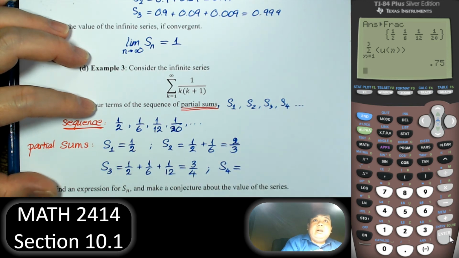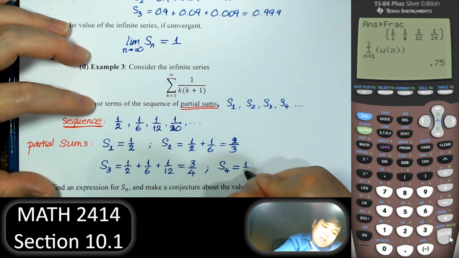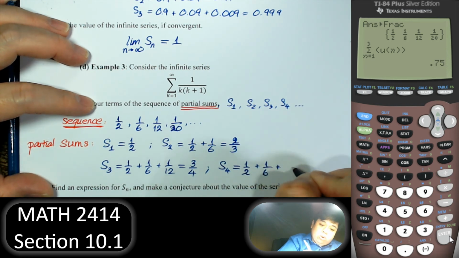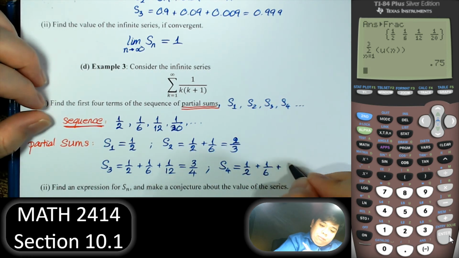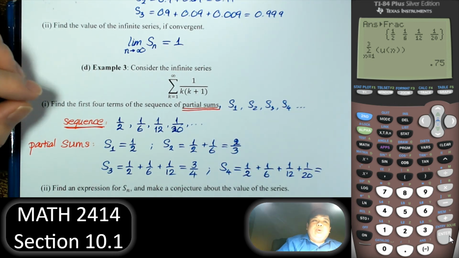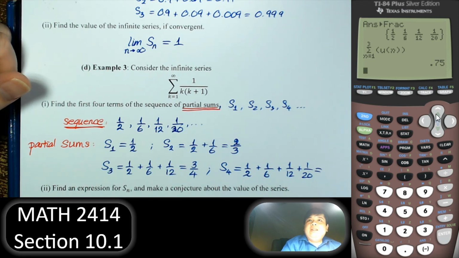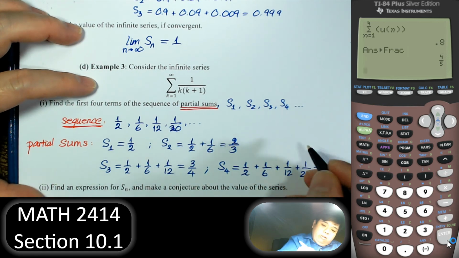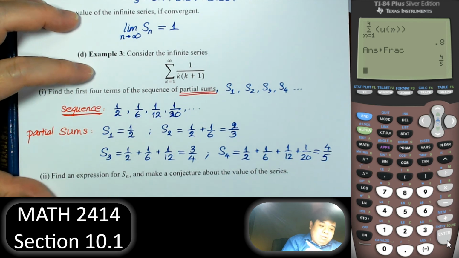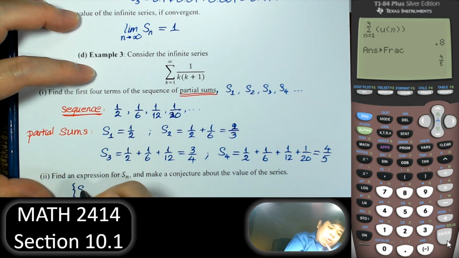And S4, sum of the first four terms. So the partial sums. What do you think that will be? Four-fifths.